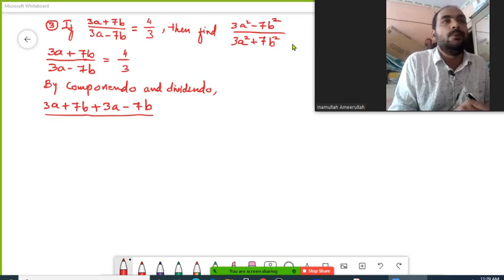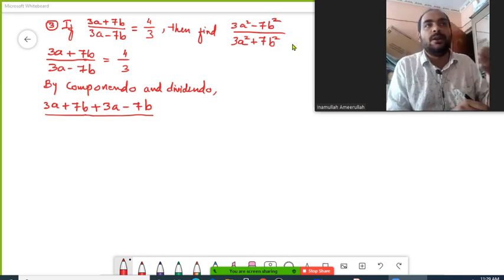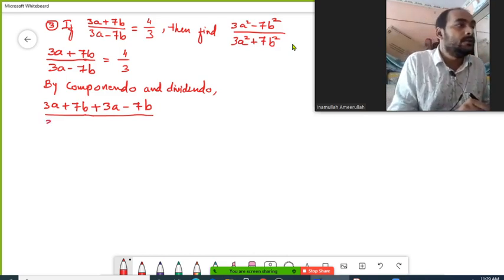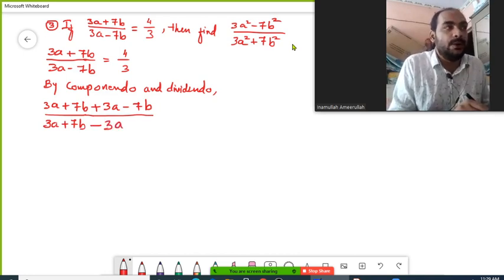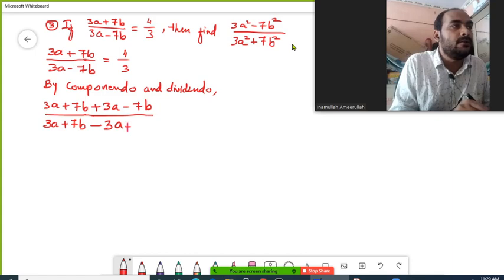So in the numerator we are doing componendo, in the denominator we will do dividendo. So 3a + 7b, this is our numerator, minus, because we are doing dividendo, 3a - 7b. So when I take minus, here we have one more minus, so this minus and minus will multiply and become plus 7b.